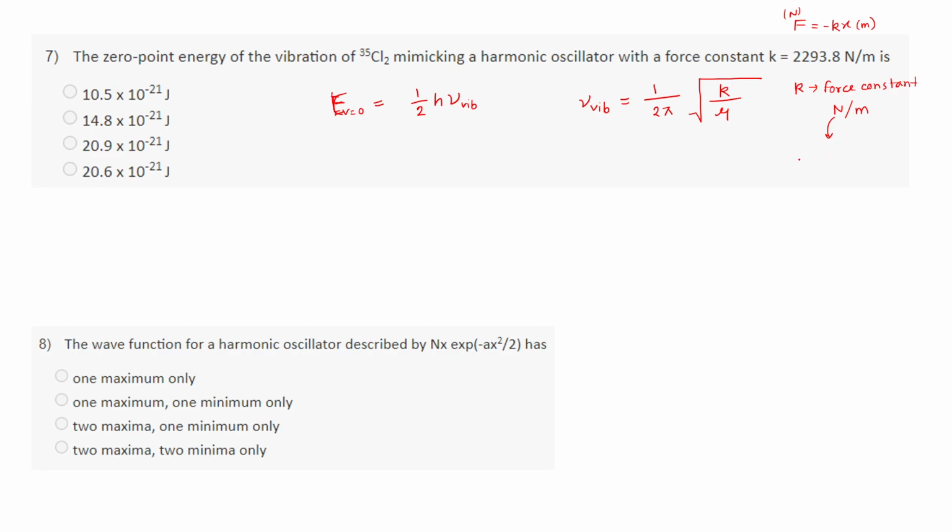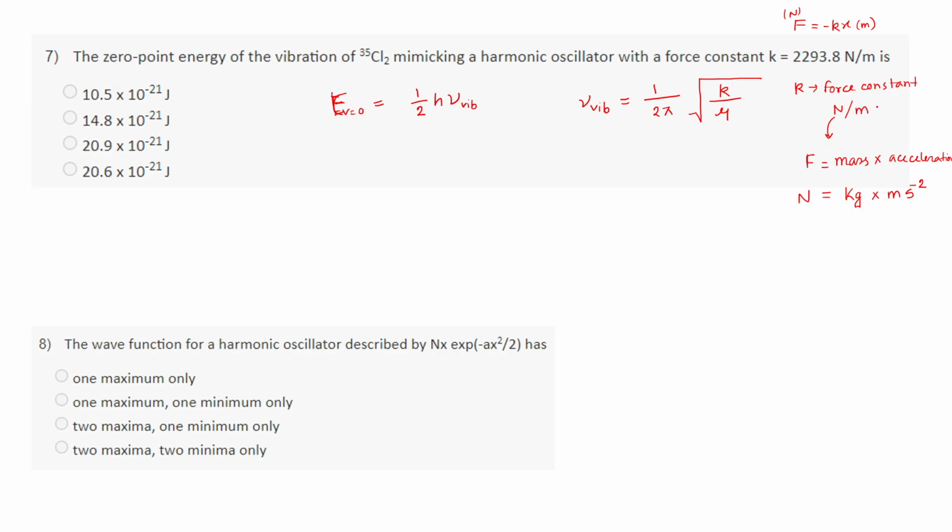Force is also mass into acceleration. That means Newton, if I take all the SI units, is kg meter second to the power minus 2.